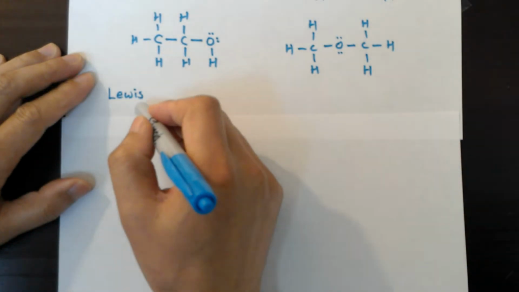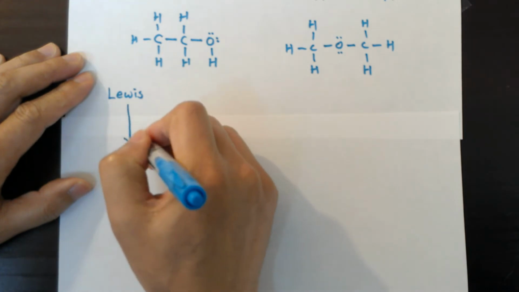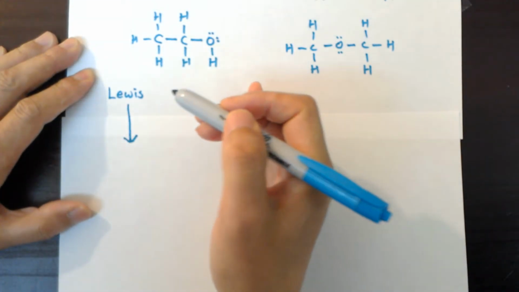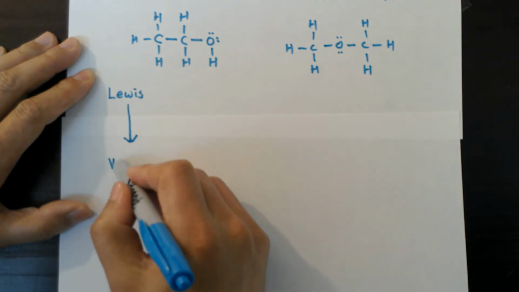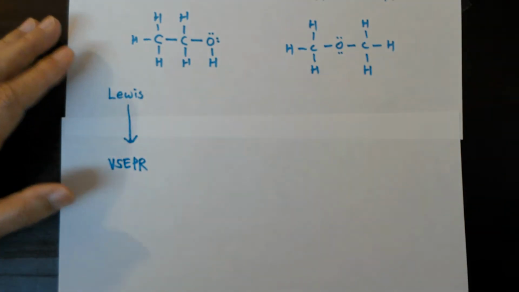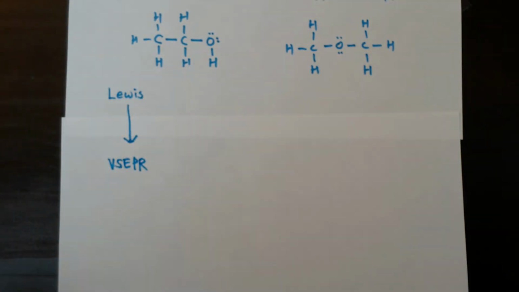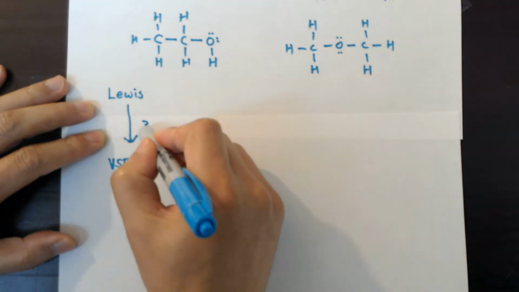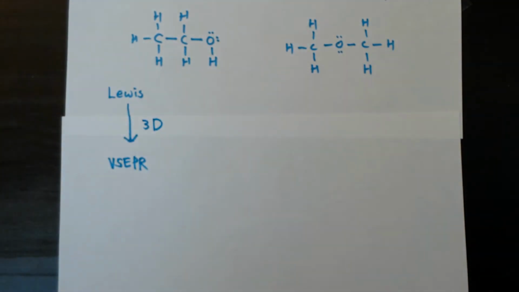So you've learned from general chemistry that VSEPR uses the electron repulsions to find the better 3D geometry. 3D geometry is important, like I described in a previous video, because it allows us to predict their physical and chemical properties in chemical reactions.